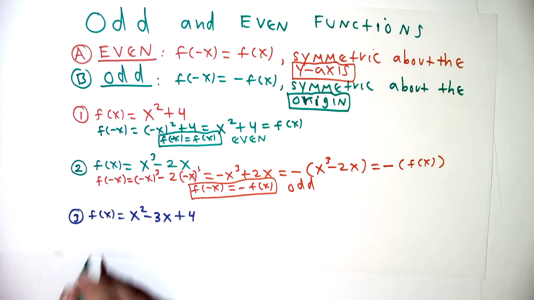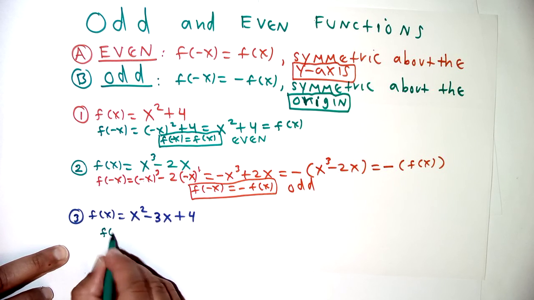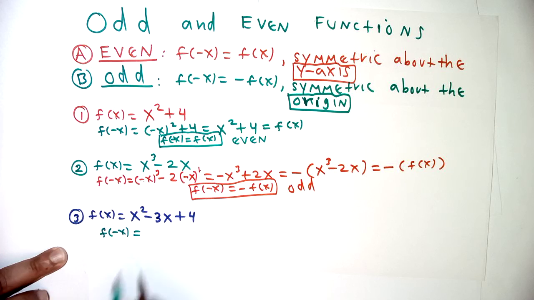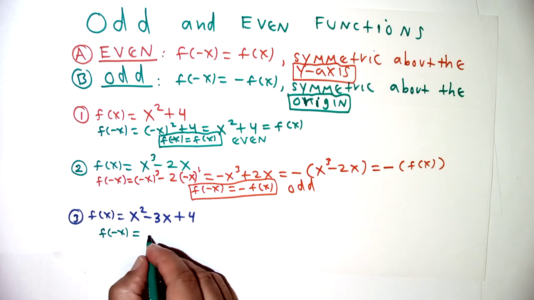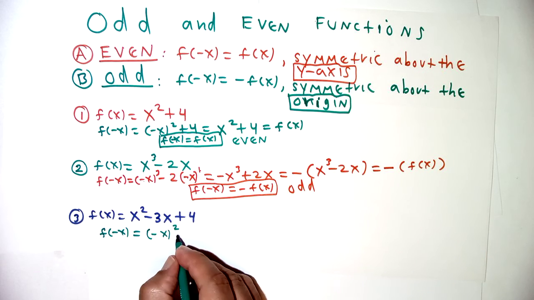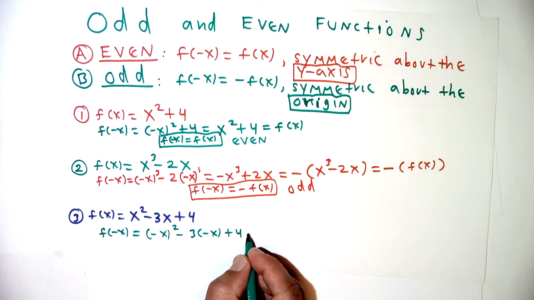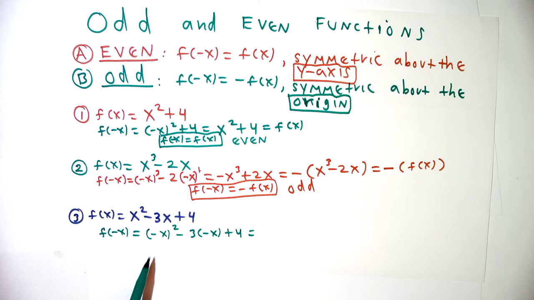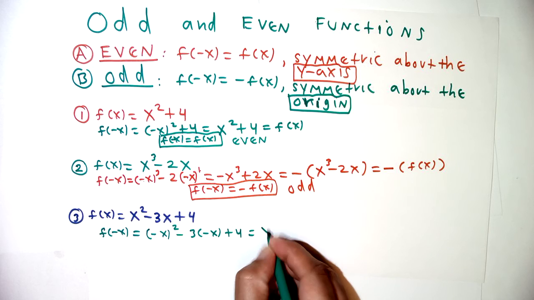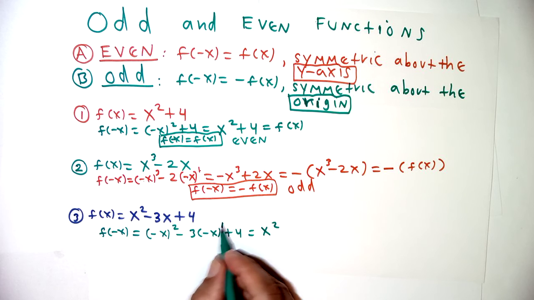Just like how I did with the other ones, the first thing that I'm going to do here is replace negative x. If you notice, I have two variables there, so it's going to look like this: negative x to the second minus 3 times negative x plus 4. So this is negative and this is even, so you get positive. This is negative and this is odd, so you get negative.